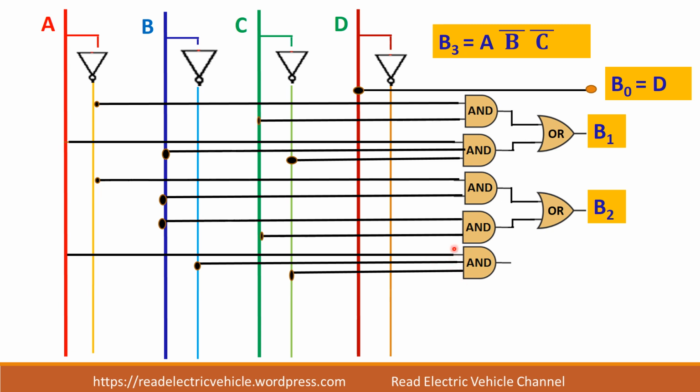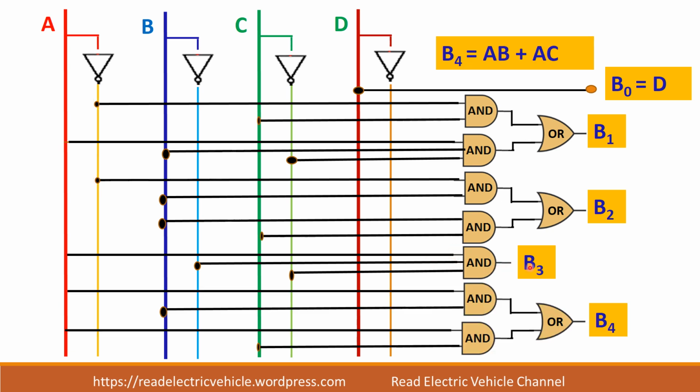So AND gate is here. For B4, AB plus AC, so 2 AND gates and 1 OR gate. So we have implemented the circuit. Binary to BCD code converter is this one. We have to give the binary bit here, and you will get the corresponding BCD code here.